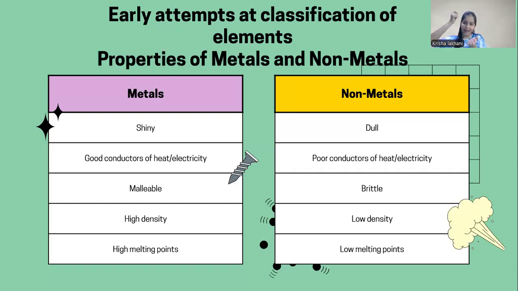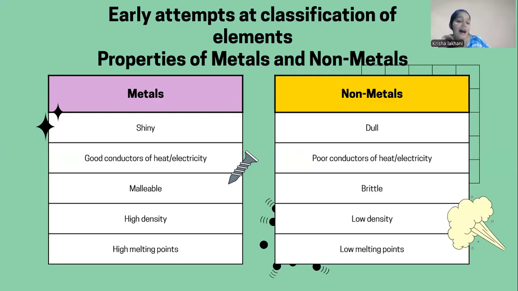Ductile means when I hammer it, it becomes a string. Ductile, spelled D-U-C-T-I-L-E. Malleable means thin sheets, but ductile means thin strings, wires.